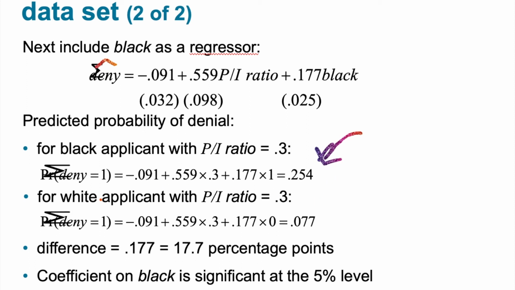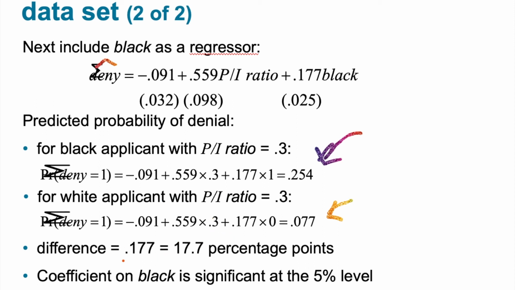We can do the same for a white applicant, so we plug in 0.3 for the payment to income ratio and black equals 0 for the dummy variable, the third term in the regression, and we find the probability of deny is 0.077. The difference between the probability of deny for a black applicant with a payment to income ratio of 0.3 and the probability of deny for a white applicant with a payment to income ratio of 0.3 is 17.7 percentage points.